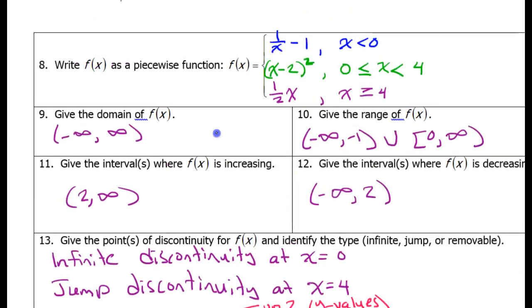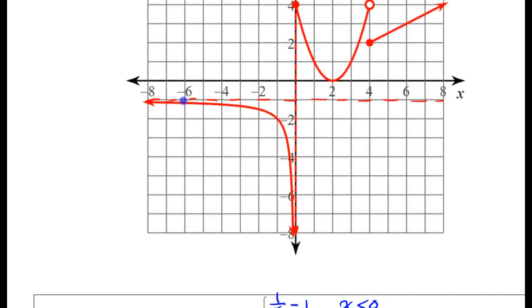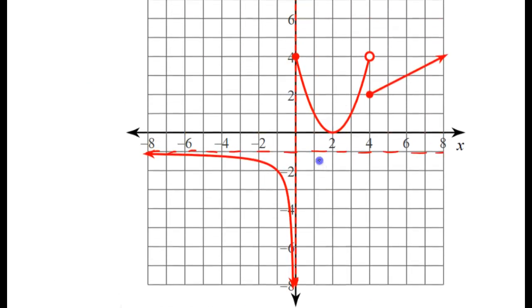That is going to affect my horizontal asymptote. If I shift everything up 2, my new horizontal asymptote is going to be here. So just keep that in mind. This will be my new horizontal asymptote when it comes to this branch right here.